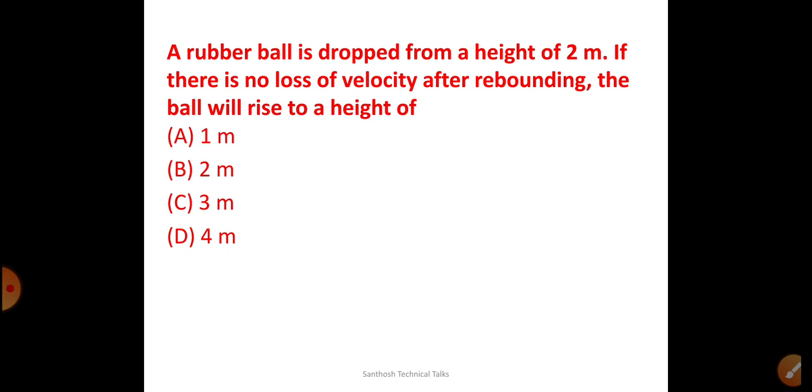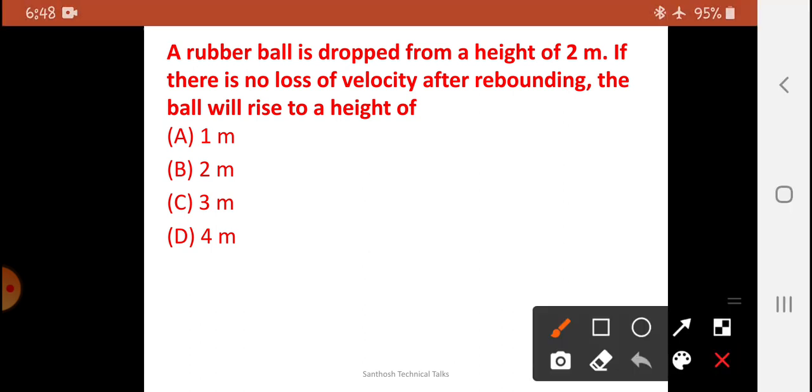Next, a super question. A rubber ball is dropped from a height of 2 meter. If there is no loss of velocity after rebounding, the ball will rise to a height of. So you have to notice two things in this question. One is the rubber ball, so it is an elastic body. Next, there is no loss of velocity after rebounding.